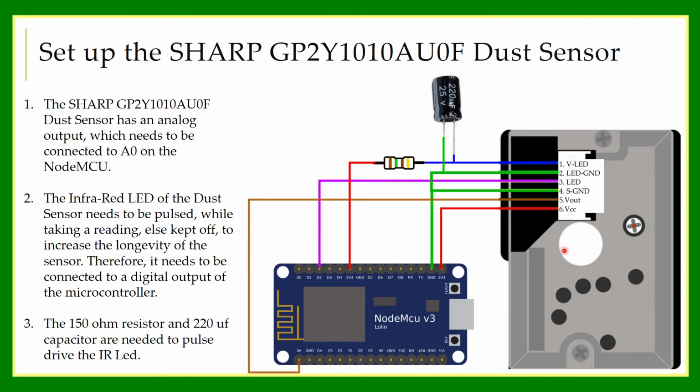This is done to increase the life of the infrared LED so that the sensor can work for a prolonged period. Otherwise, if you keep the LED on all the time, then it won't last very long. And since this is a relatively expensive sensor, it's better to use it in a pulsed manner, as shown in this figure.